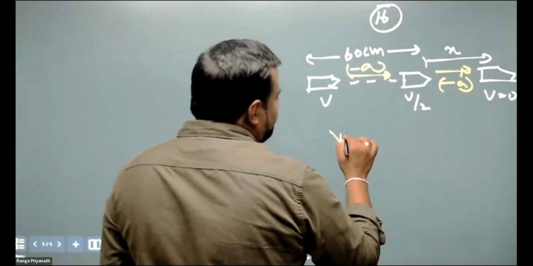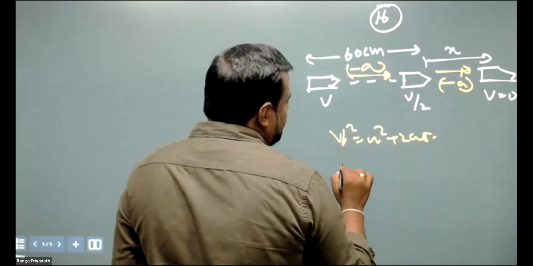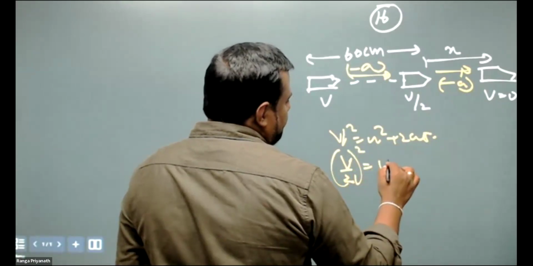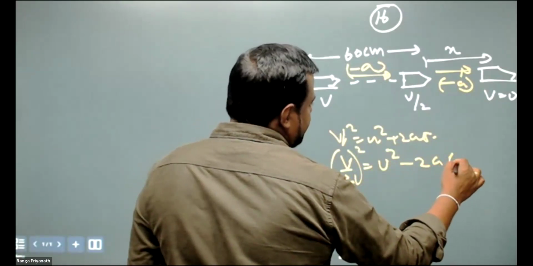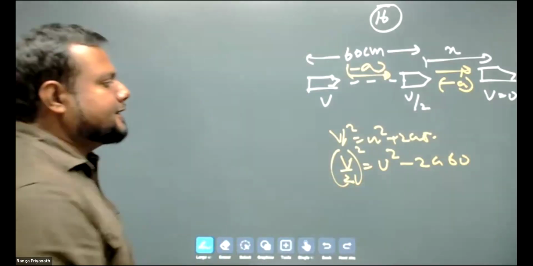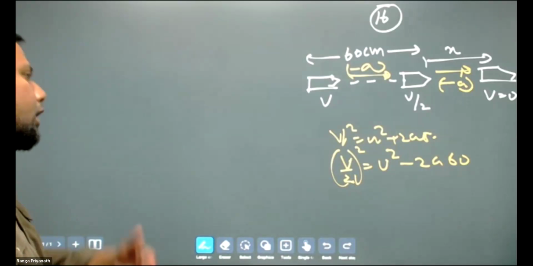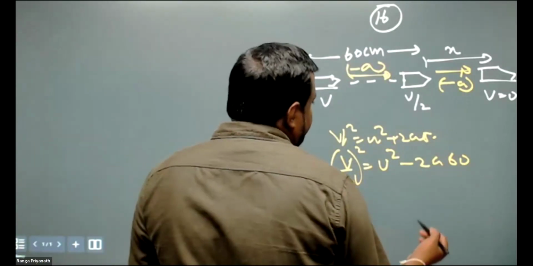From here to there, I'm using the equation v squared equals u squared plus 2as: (v by 2) squared equals v squared minus 2a times 60. I'm not converting 60 into meters. Keep it as 60; the answer for x will also be in centimeters.